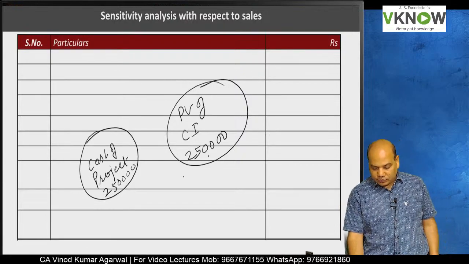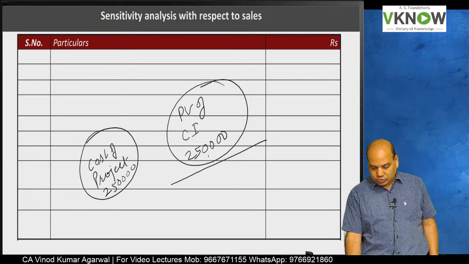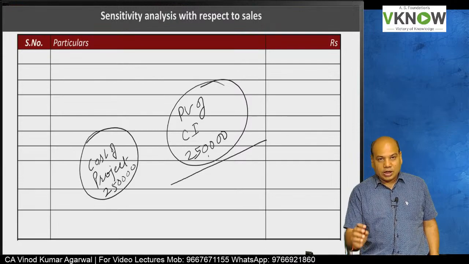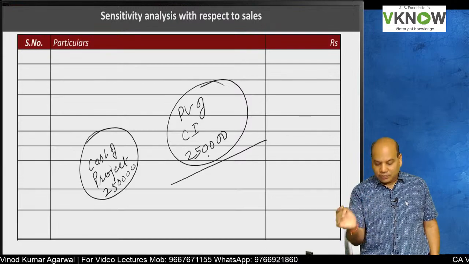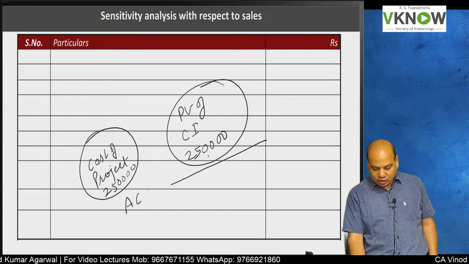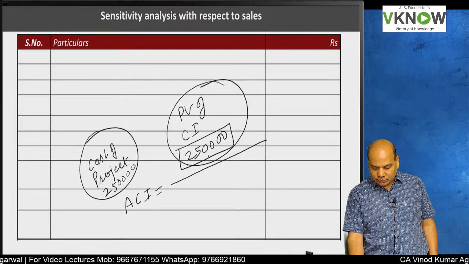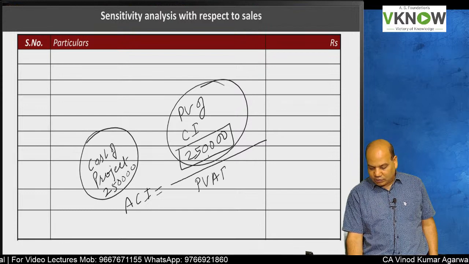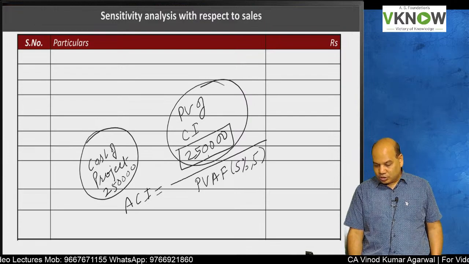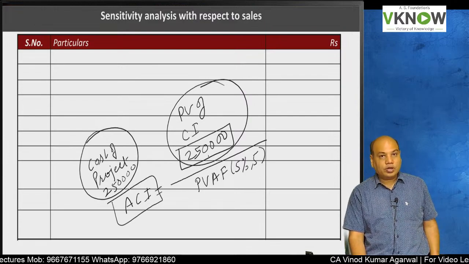To get a PV of cash inflow 2,50,000, I need to find out what will be my annual cash inflow. Annual cash inflow will be 2,50,000 divided by PV annuity factor 5% and 5 year. So that will give me annual cash inflow required.